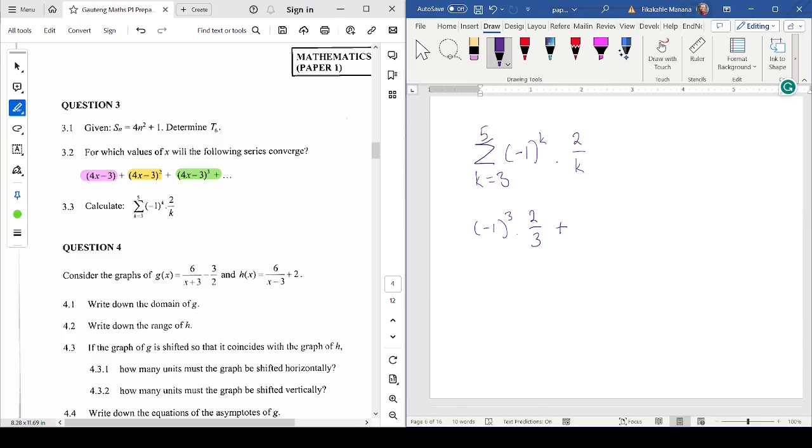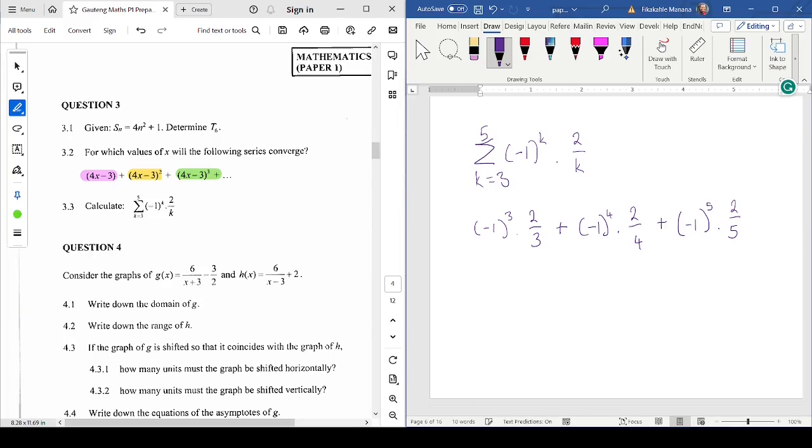Substitute it into the equation: (-1) to the power 4 times 2 over 4. And then the last one, the number on top, is 5. So I'm going to have (-1) to the power 5, and then 2 over 5.